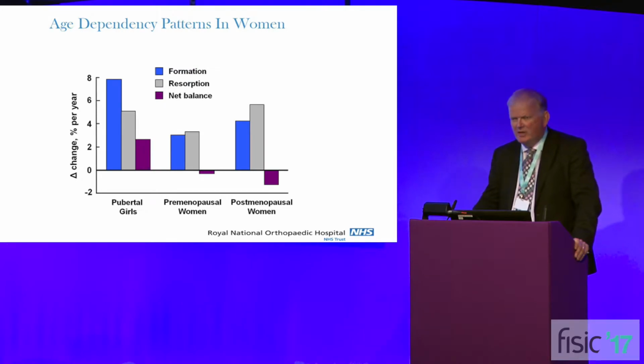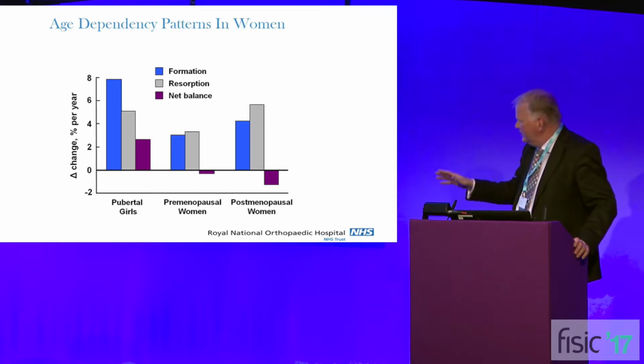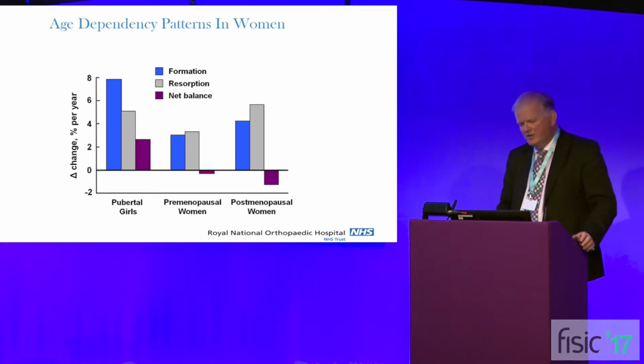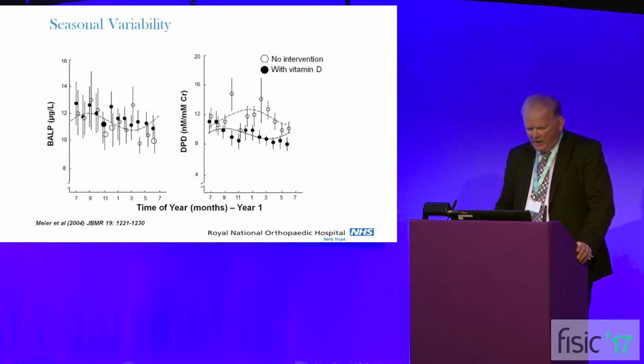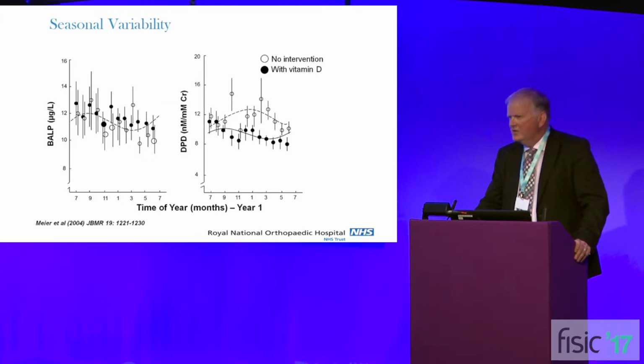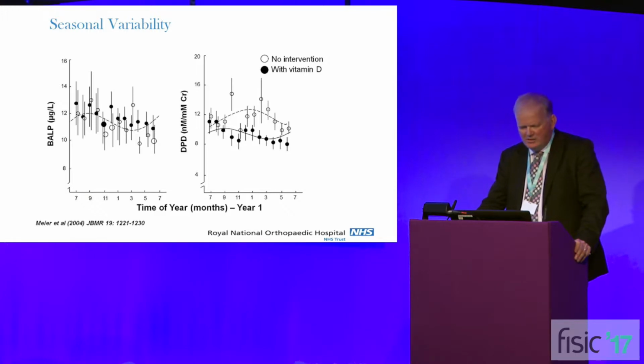And just to illustrate a few things, this is looking at the relationship between formation and resorption in women of different ages, and you can see there is much more formation in the younger groups, and as you get to the older groups, the resorption takes over. Again, if you're looking at the timings of samples, there's a seasonal variation, just as illustrated here, though with some of the slightly older historical markers.